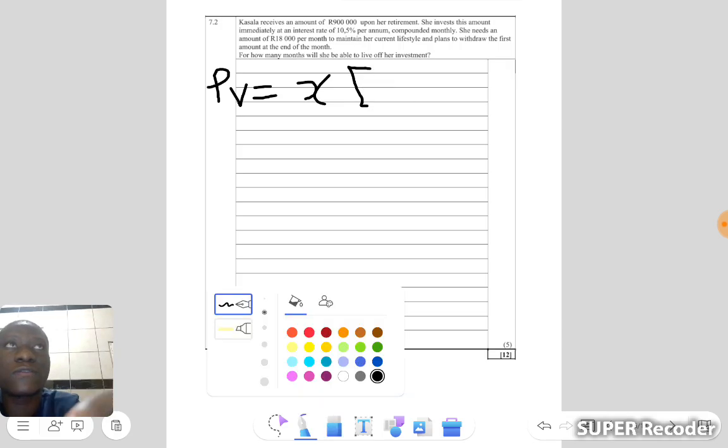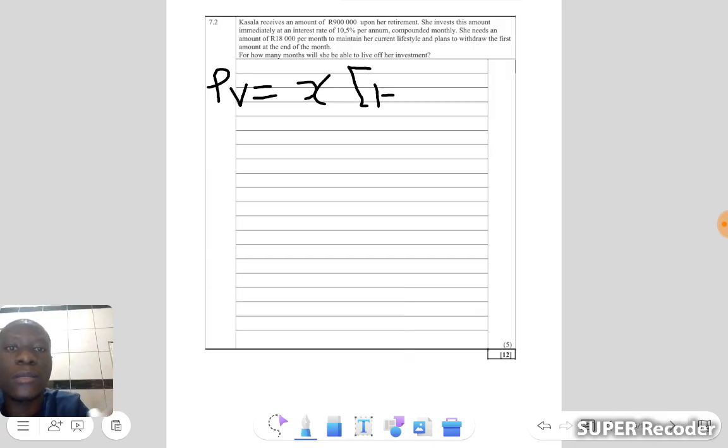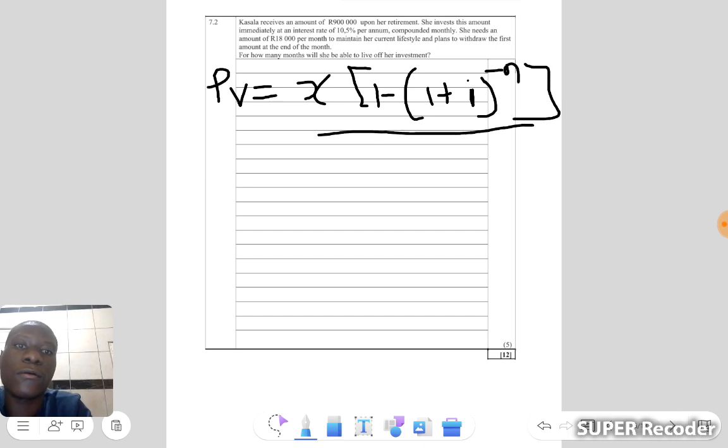So here we'll have 1 minus 1 plus I to the power of negative n, all over I. So that is the formula that we are going to use here. We have got the present value. Yes, she has received 900,000.